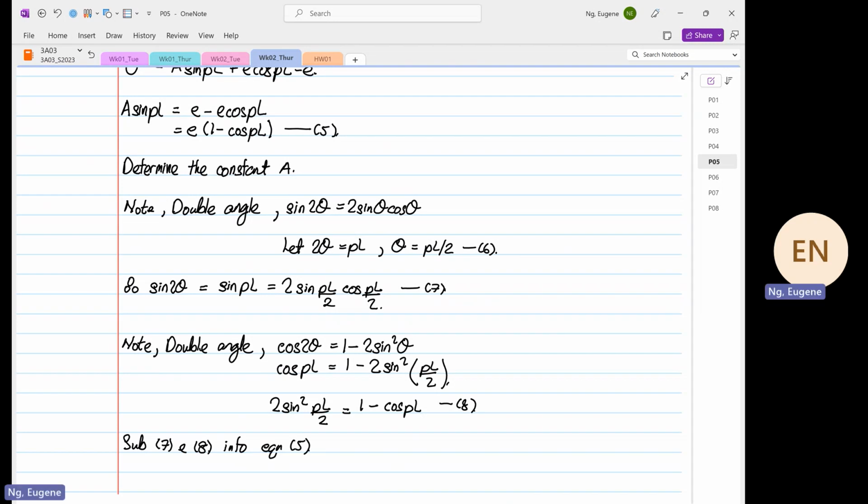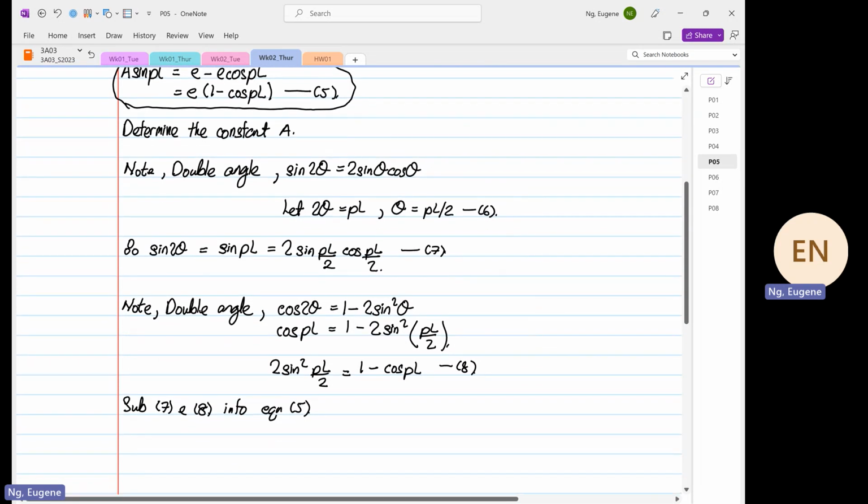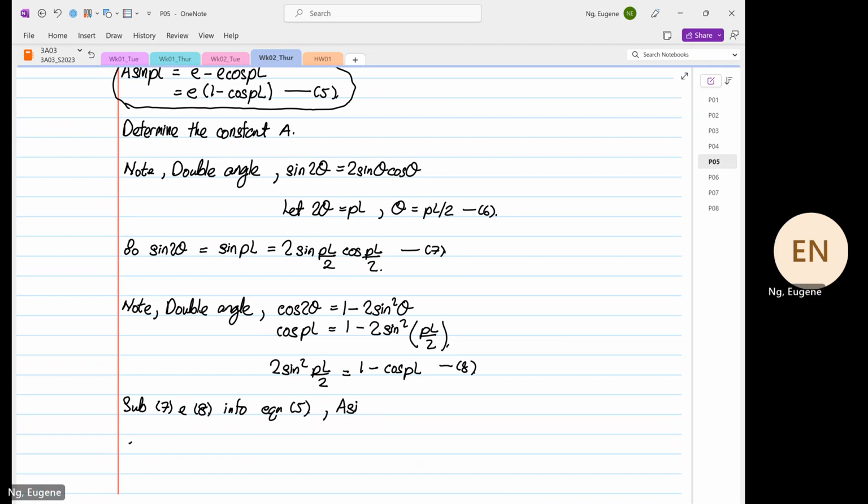So equation number 5 over here is this equation over here: A sine PL is equal to E bracket 1 minus cos PL.